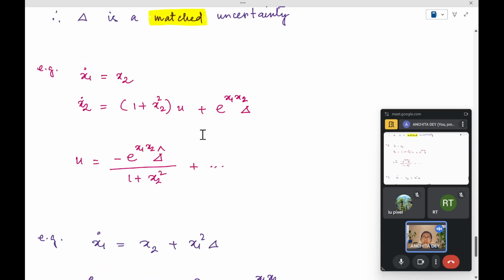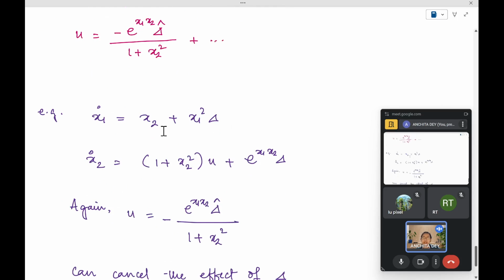Now see, you can simply write that u is equal to minus e to the power x1 x2 into delta hat divided by 1 plus x2 square, and then plus some other terms, whatever is required. Okay, so by writing this, you can try and cancel the effect of delta here. And also note that we have this 1 plus x2 square here, so even if you divide by it, it would always be positive, so there is no chance of u being unbounded, at least for this term, right? So this here is a matched uncertainty.